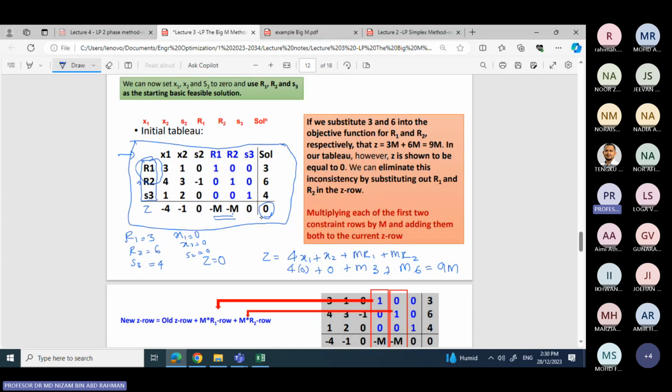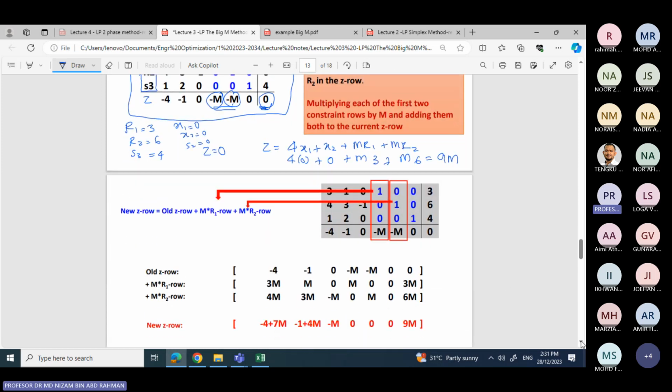So we need to address this first. In order to address this, we need to zero out this minus M and this minus M for R1 and R2 of the Z. The way to do it is this. We need to multiply each of the first two constraint rows by M and add them both to the current Z row.